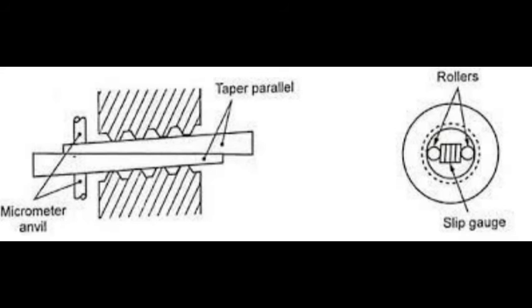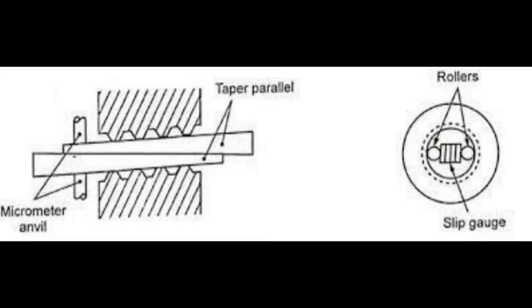Now, measurement of the minor diameter of an internal thread by using taper parallels. For diameters less than 200 mm, the use of taper parallels and a micrometer is a very common method for the measurement of the minor diameter. Taper parallels are pairs of wedges having parallel outer edges.